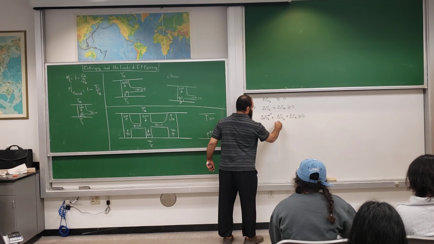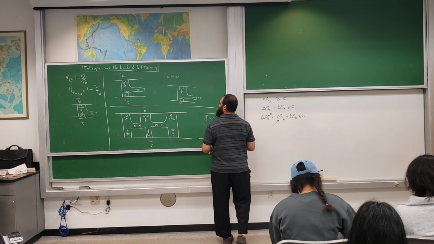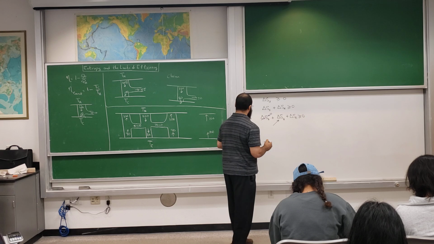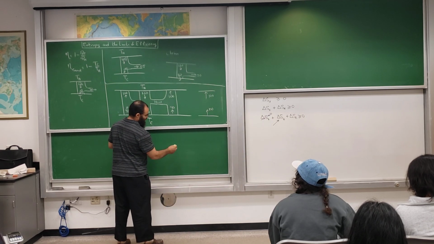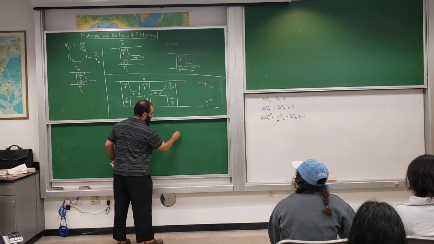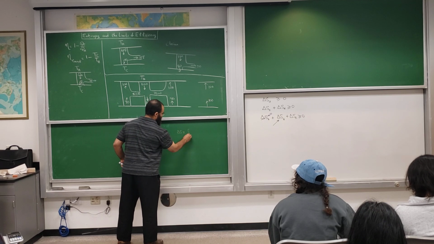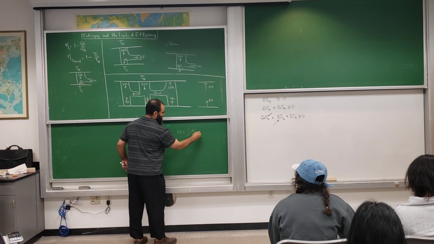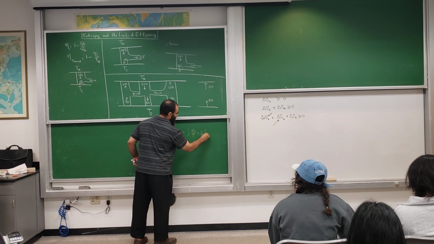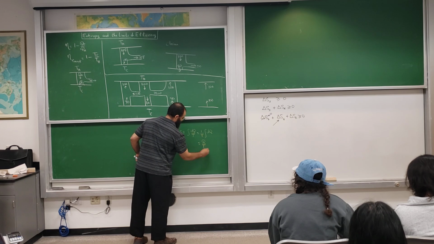So for this one, the change in entropy is going to be, remember if it's isothermal, delta S, remember how it looks like. It's dQ over T. If T is constant, you can pull it out. So you just have your dQ, and so it's just Q over T, right?